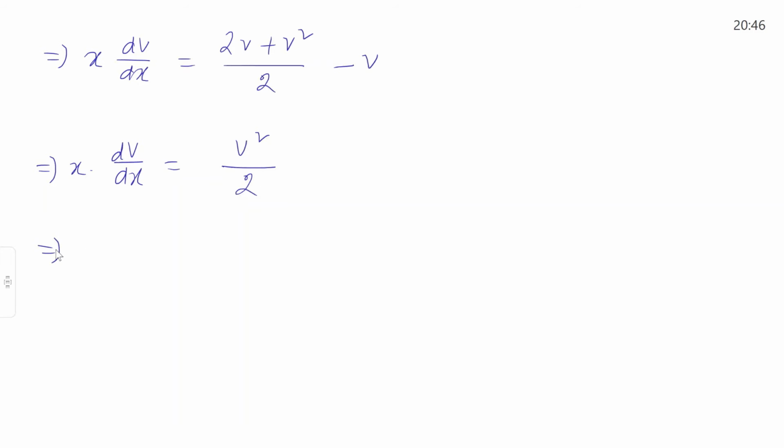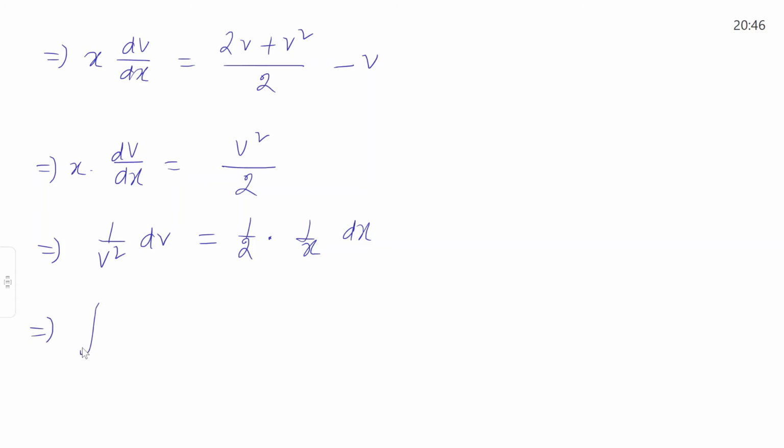So simply I can write 1 by v square dv, this is the left hand side, is equal to the right hand side, half is already there, into 1 by x dx. The v square goes to the denominator: 1 by v square dv, half is already there, 1 by x dx.